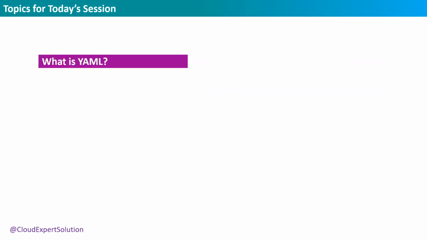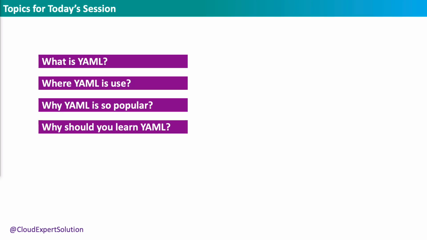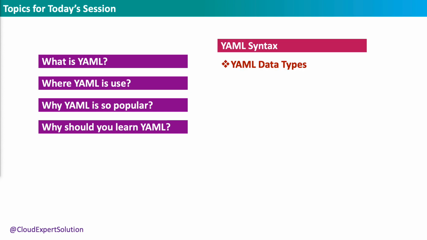To start with, we will review what is YAML, then where YAML is used, followed by why YAML is so popular. And that leads us to why should you learn YAML? Then we'll dive deep into YAML. We'll start with the YAML syntax. We'll see different YAML data types.